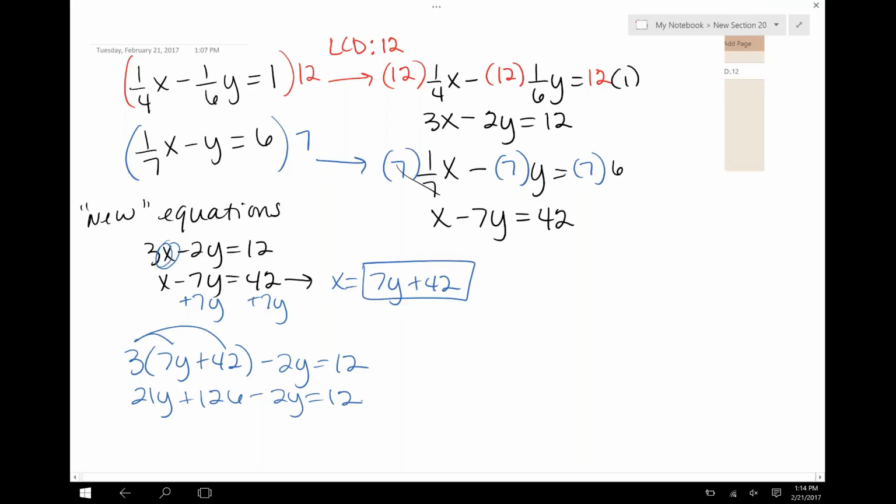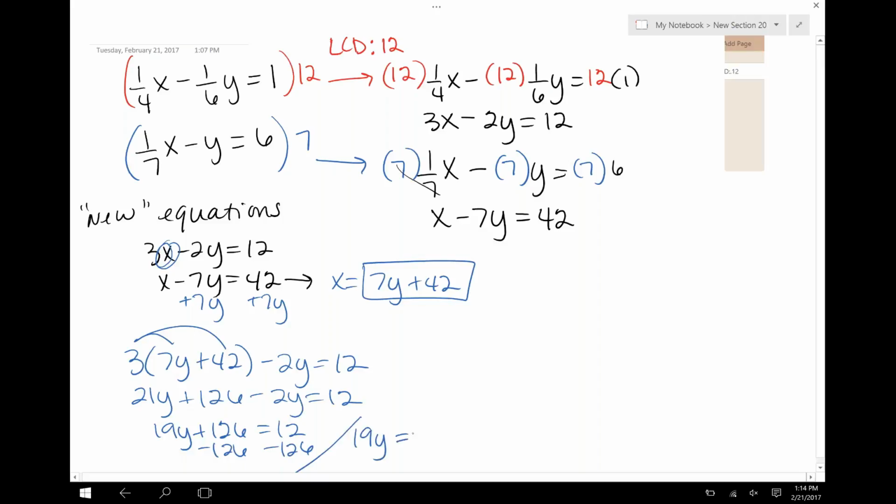And then I'm going to combine like terms. So 21y minus 2y is 19y plus 126 equals 12. Subtract 126.